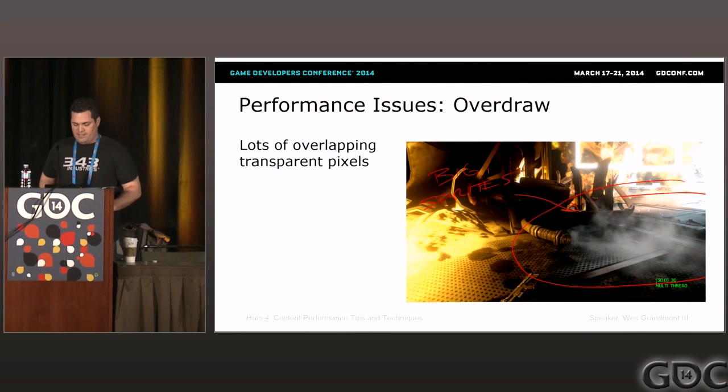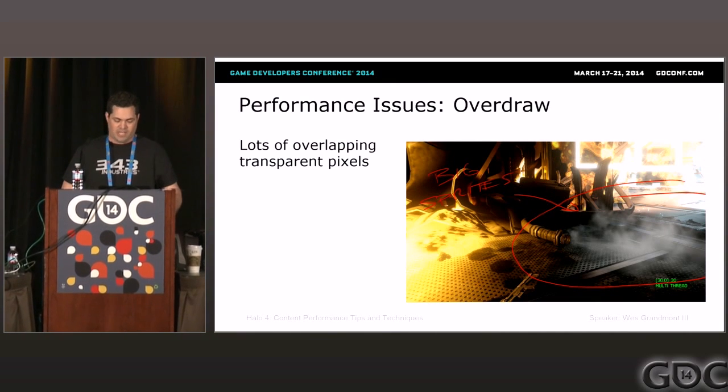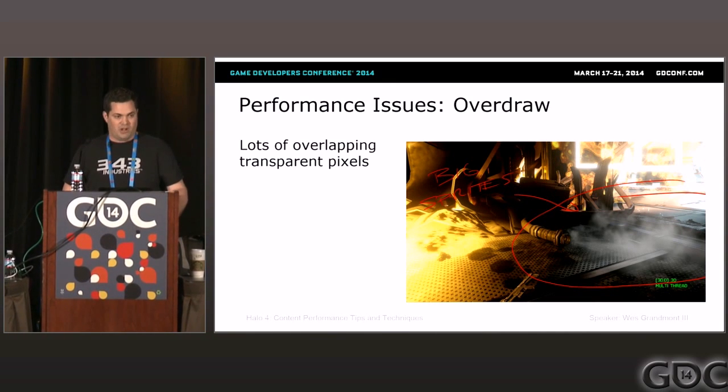So, overdraw. Our effects team was actually very sensitive to this problem. This is where we're drawing too many transparent things on top of each other, and it starts to bog things down. So despite some of our efforts in this area, you still had cases where a particular effect might end up being placed in a certain context, and it might be just the straw that breaks the camel's back.